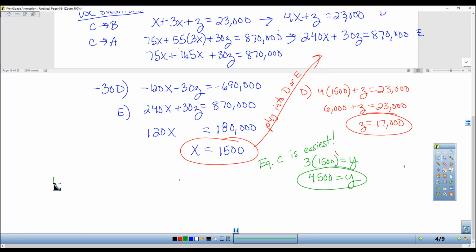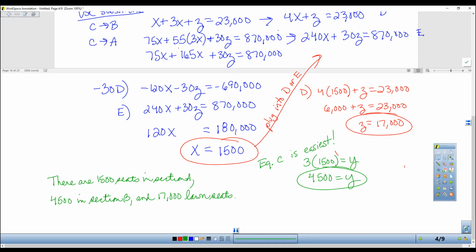You would say, there are 1,500 seats in section A, 4,500 in section B, and 17,000 lawn seats. That's how you answer a question like this.